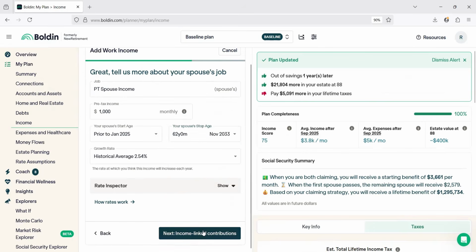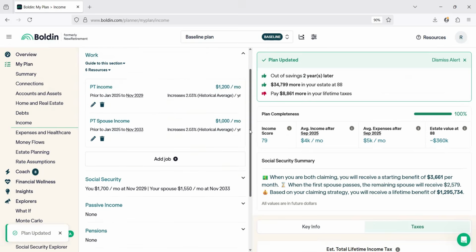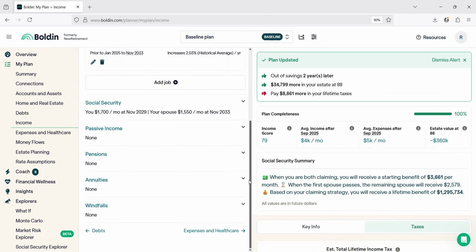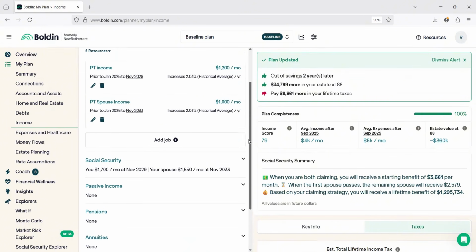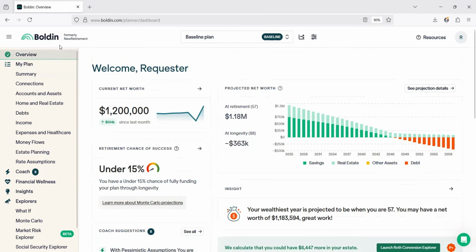Okay. We're not going to have any income linked contributions. So this is really just to stem the bleeding in those first years. Okay. Let's take a look and see what that does for us.